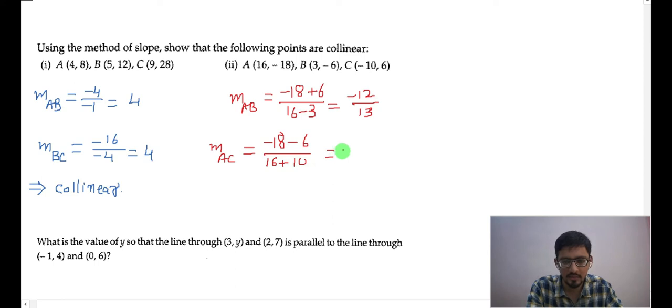So minus 18 minus 6 will be minus 24, and 16 plus 10 will be 26. So you can divide by 2: 12 twos are 24, 13 twos are 26. The answer I will get here is minus 12 over 13. So here also you can see these two slopes are equal, so you can say that, hence proved, these points are collinear.